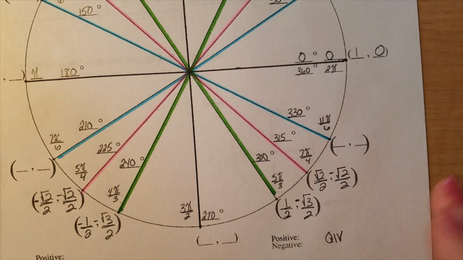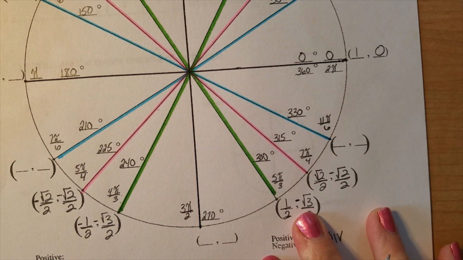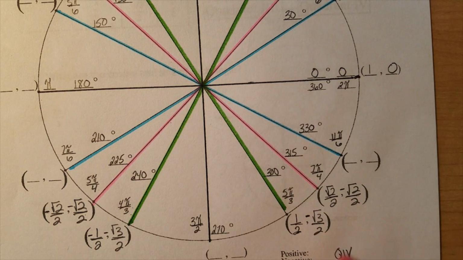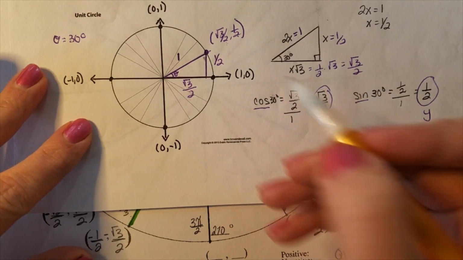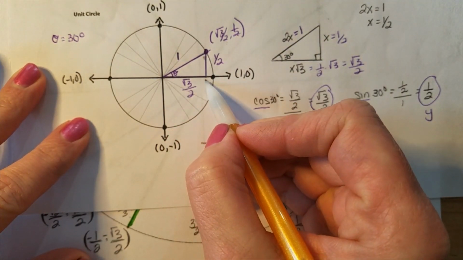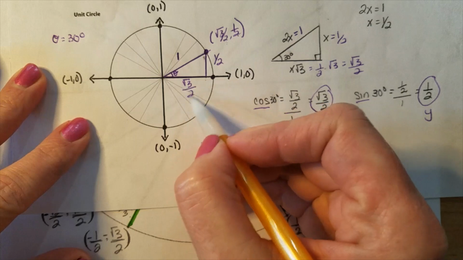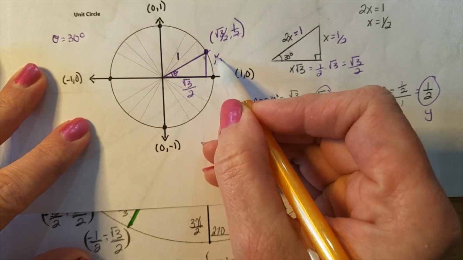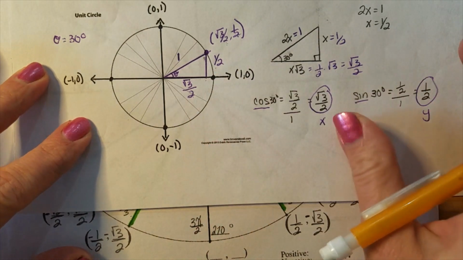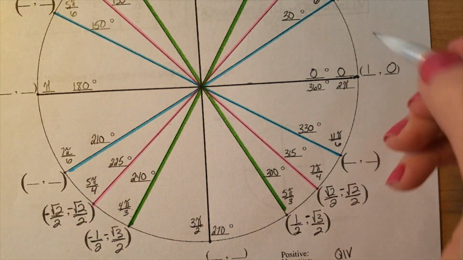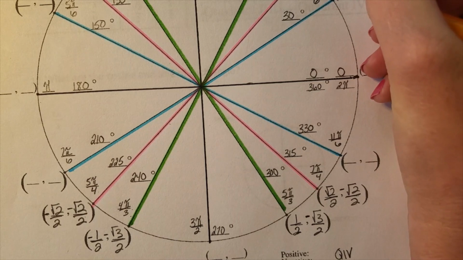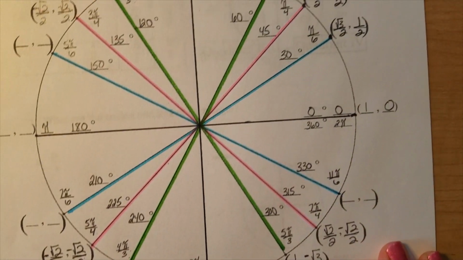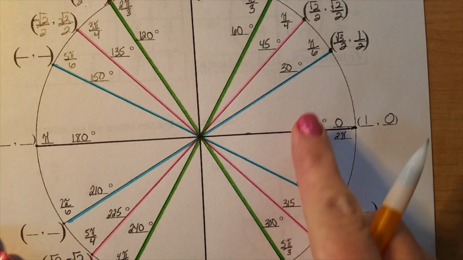They are negative. Let's go ahead and we got to do 30 degrees and we got to finish up our quadrantals. So 30 degrees. We determined here x is square root 3 over 2, that's my cosine, and the y is 1/2, that is my sine. So square root 3 over 2 and 1/2. And of course they are both positive in quadrant 1.